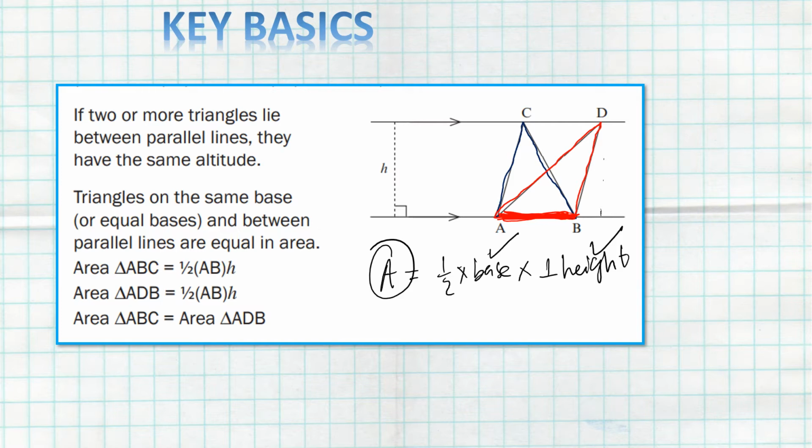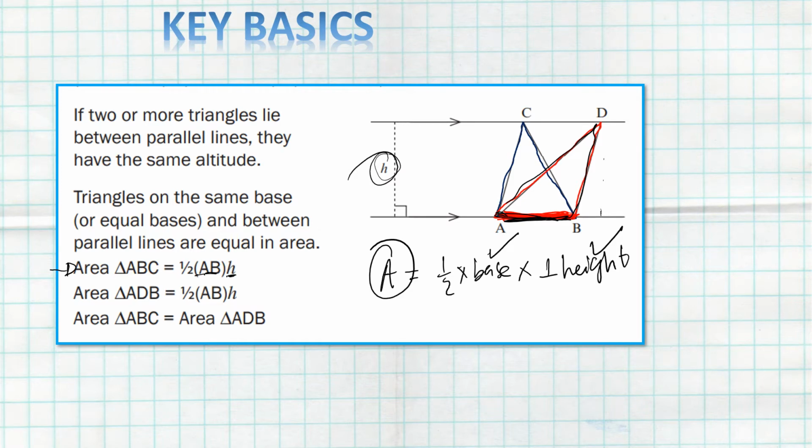And also we might have to indicate for them that they are found between parallel lines, just for them to understand where you're taking that same height. It's because they are found between parallel lines. For example, here they show you clearly that the area of triangle ABC will be 1/2, its base is AB, times height, because height is the same throughout. So the area of triangle ABD will be 1/2, its base is still AB, times height, and its height is still the same there.